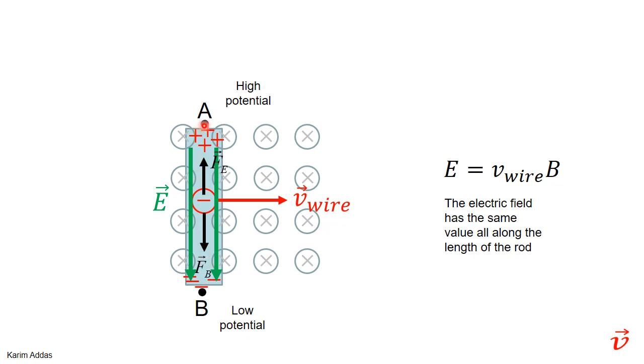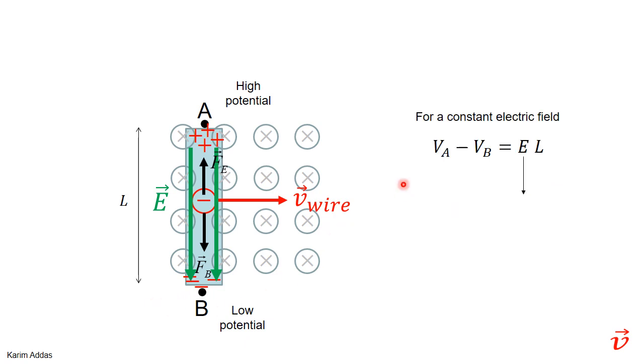Of course, the electric field goes from a region of high potential to a region of low potential. So point A over here is at a high potential, and point B is at a lower potential. To get the potential difference between A and B, V_A minus V_B, since the electric field is constant, we can just multiply the electric field by the length of the rod. This is the potential difference between the two ends.